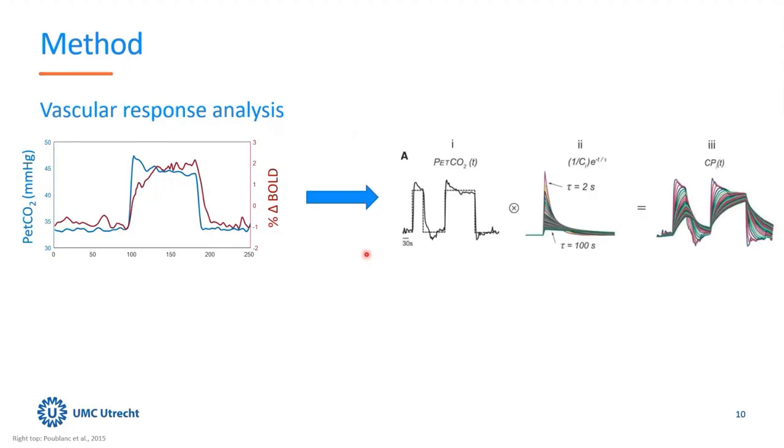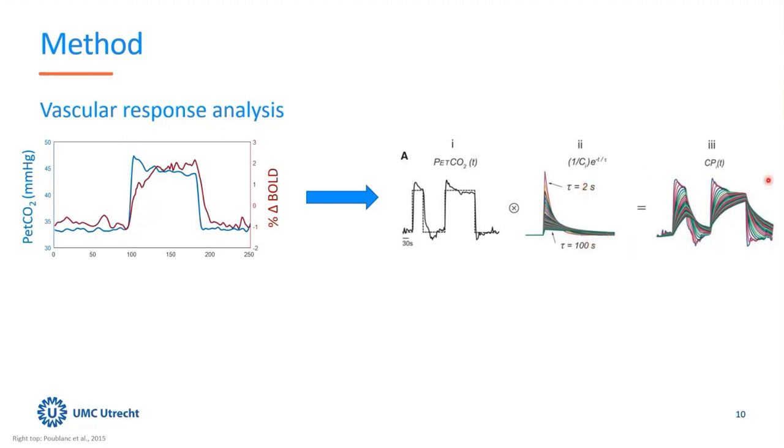And then what we did was we used this method by Poulin. And what it does is here again, you see the CO2 trace in black. You can ignore the dotted lines, those are not important. And what we do is we convolve this CO2 trace with an exponential decay, or actually multiple exponential decay functions with different time constants called tau.